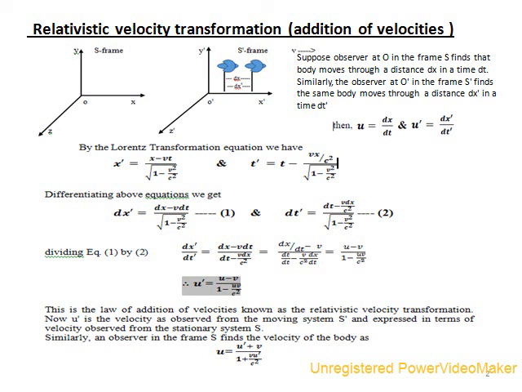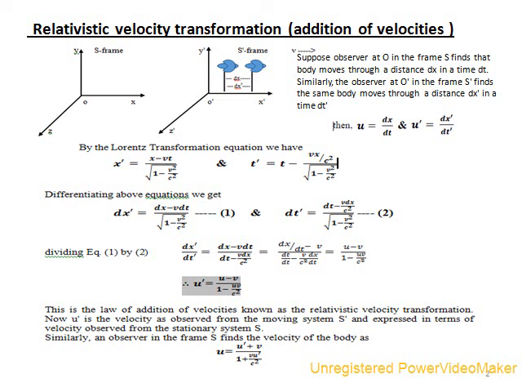With dx by dt equal to the velocity u, we can write u dash is equal to u minus v divided by 1 minus uv by c square. This is the law of addition of velocities, known as the relativistic velocity transformation.